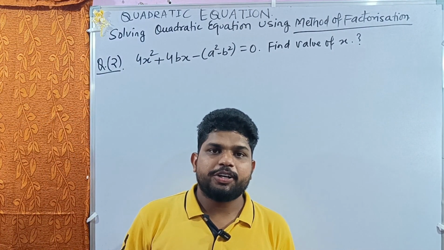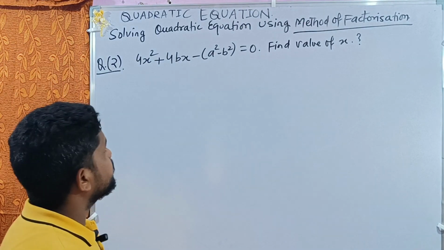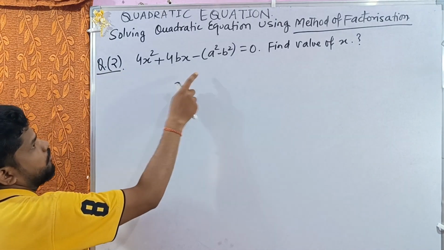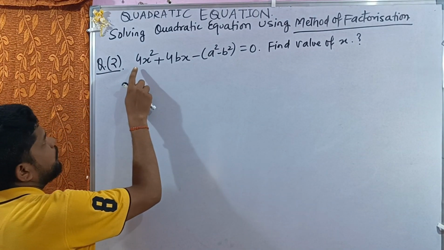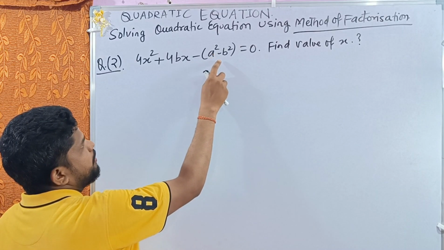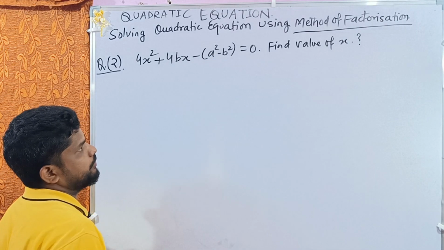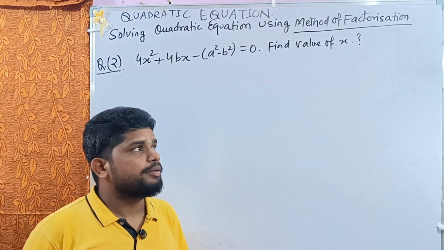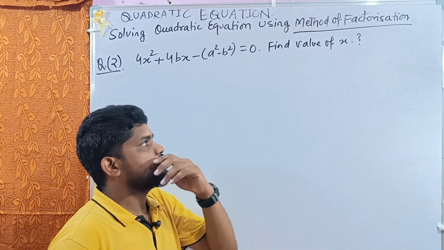Suppose we are given one question: find the value of x for 4x square plus 4bx minus (a square minus b square) equals 0. We have to find the value of x by using the method of factorization.